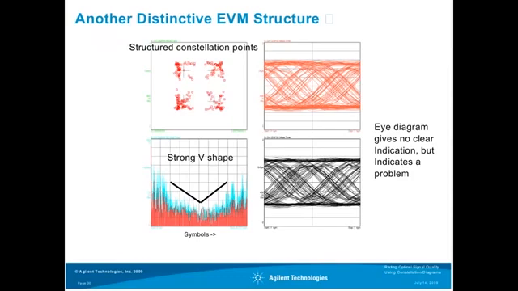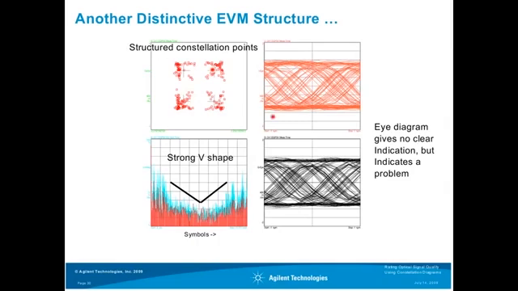Here I have brought you another very distinctive EVM structure. We can see here the constellation diagram that has very structured constellation points, but even well centered around the ideal points. Looking at the I and the Q part of the eye diagrams, we can see there's something not perfect in the transmitter, or even very imperfect.